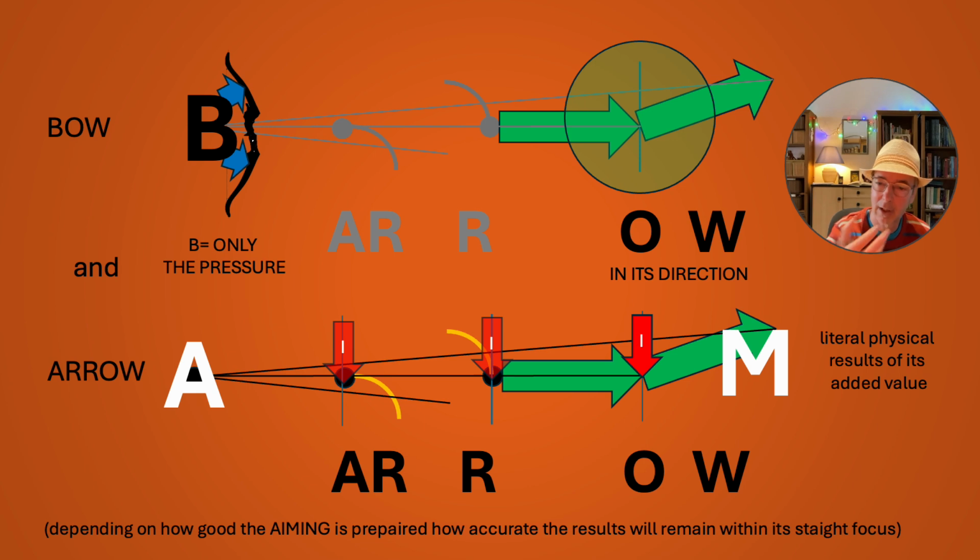M is literally about what the results physically will be able to bring by aiming well. So even if your aim has a goal into that direction to create these results that you want, these added values as well, that you want to highlight and have an extra coming out of it with an extra goal of it.